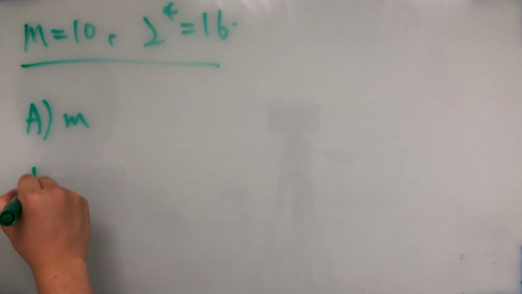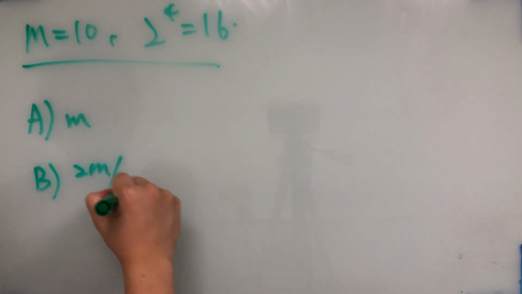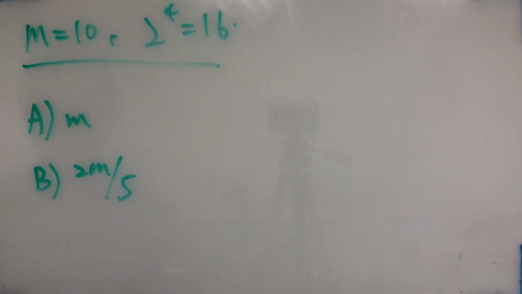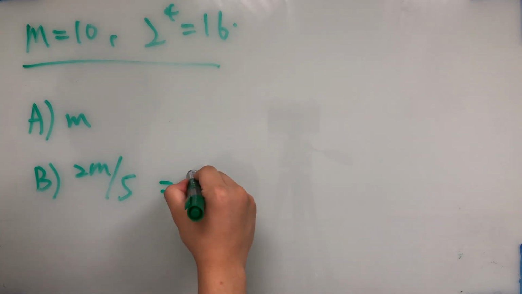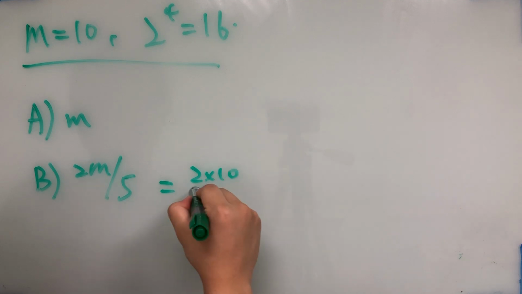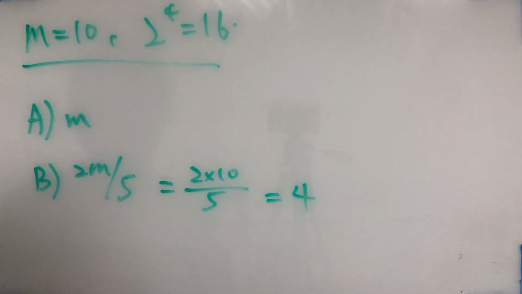And for B, 2m over 5. So 2m would be 2 times 10 over 5, which would be 4. And that is not 16, because we want 16.